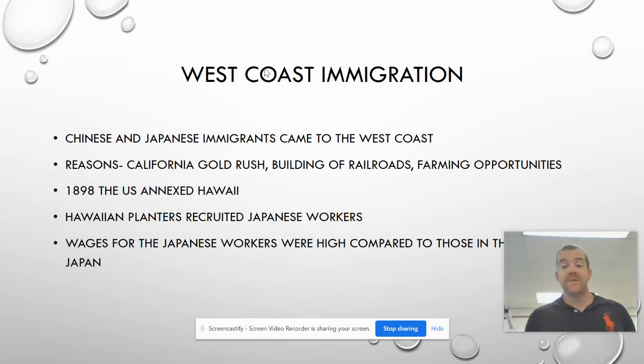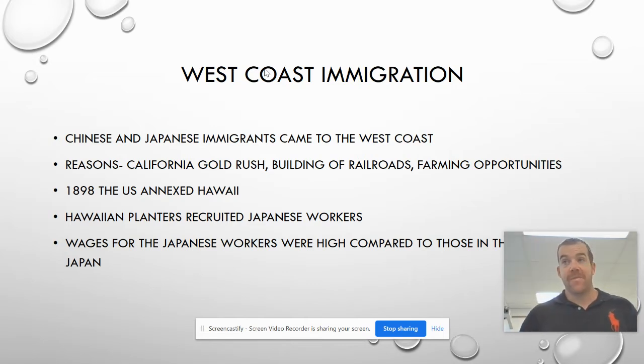Now, one of the reasons they're coming through on the West Coast is for the same reason, really, money. People in general are always searching for more money. That's why people move. So you have the Japanese and Chinese coming in, and specifically the Chinese are working on the railroad, helping build the railroads on the West Coast, the Transcontinental Railroad, which we studied in the last unit.